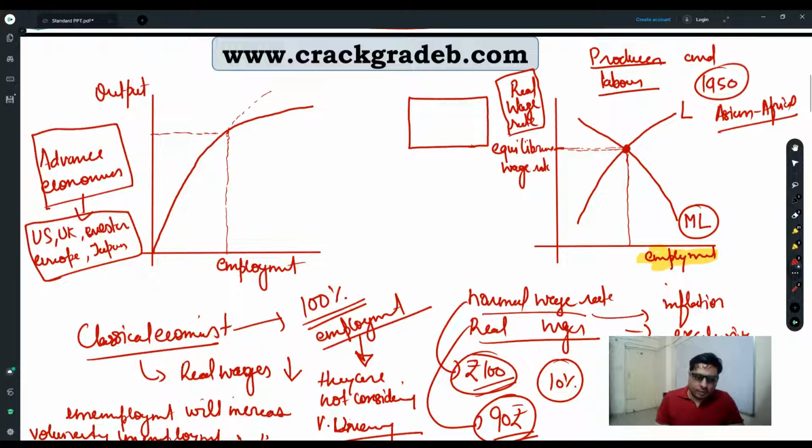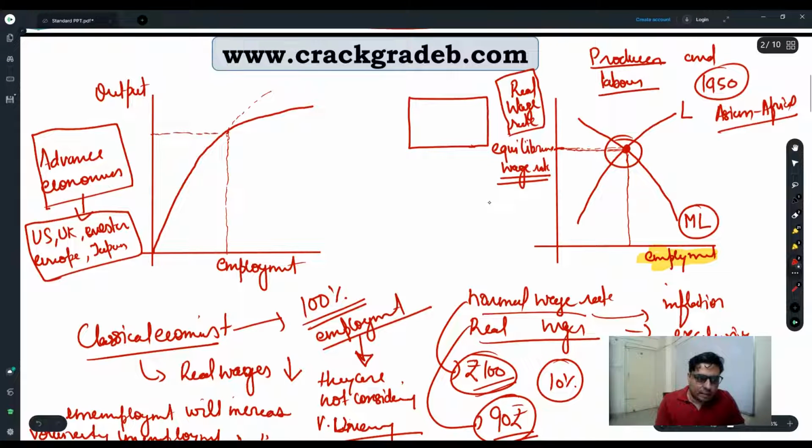So whatever we are studying here is basically for the advanced economies, right? So what will happen? The equilibrium wage rate is going to be the optimum wage rate, right?